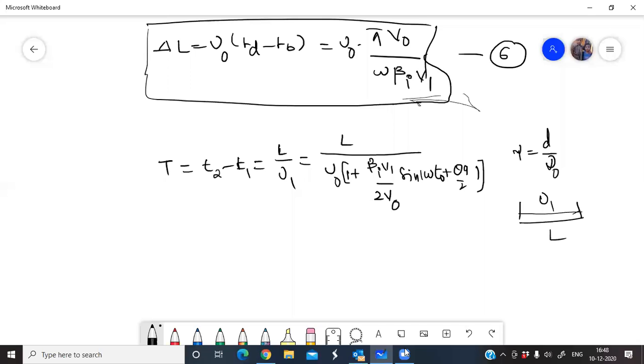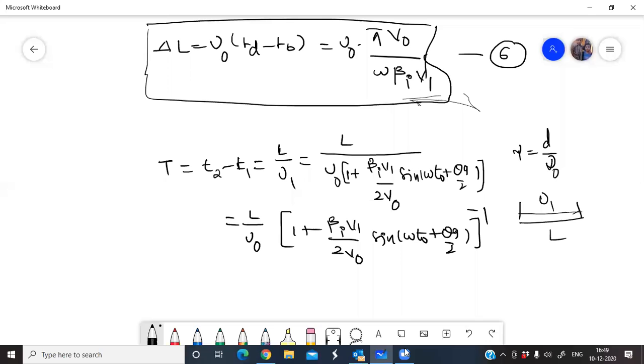So this is the transit time: for an electron to travel a distance of L with velocity V1, it equals L by V naught into (1 plus beta I V1 by 2 V naught sine of omega T naught plus theta Z by 2) whole power minus 1.